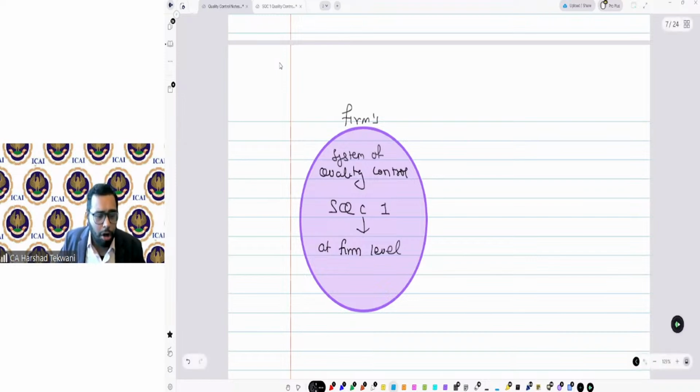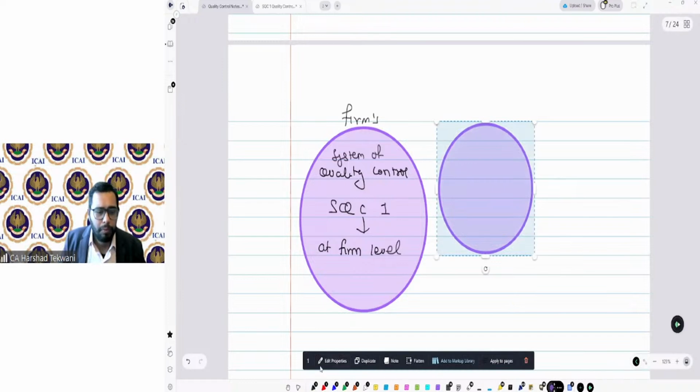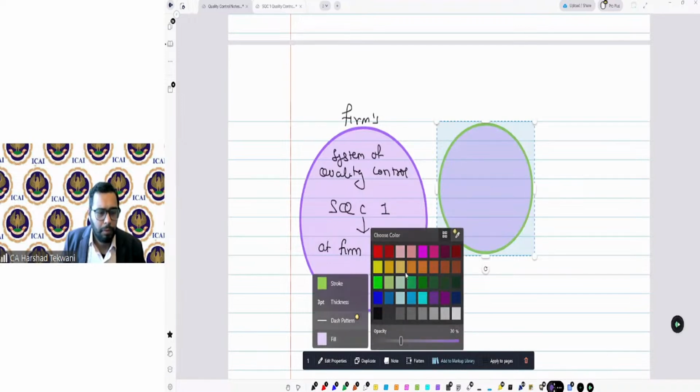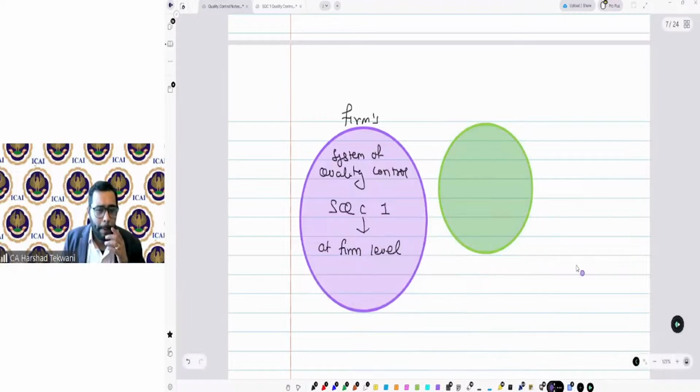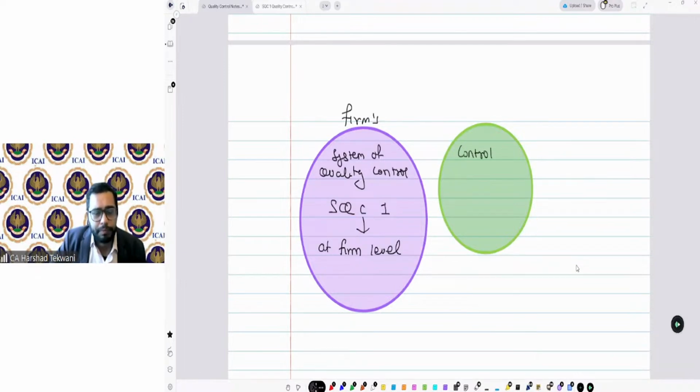But SA 220 is a small portion of this: quality control for audit of financial statements, engagement-wise, while this is firm-wise.